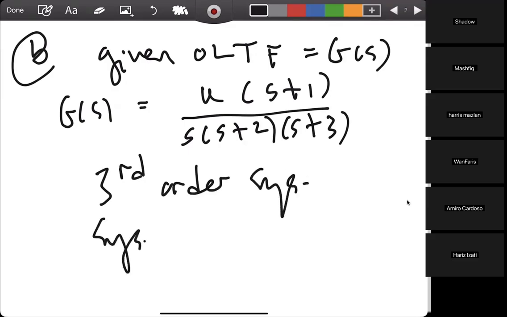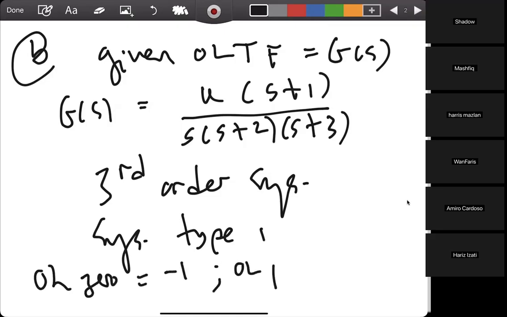Open loop zero at -1, open loop poles at 0, -2, -3. Okay, so we are required to sketch.